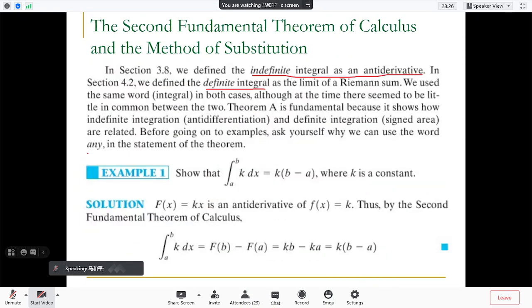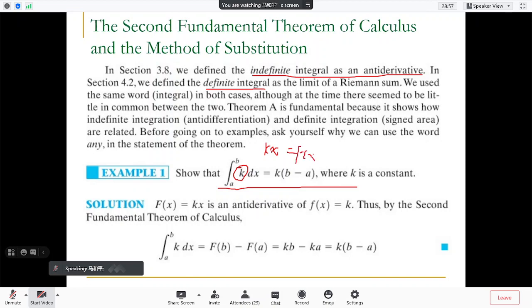Example 1: show that the integral from a to b of K dx is equal to K times (b minus a), where K is a constant. This means we should find any antiderivative of K, which is Kx.